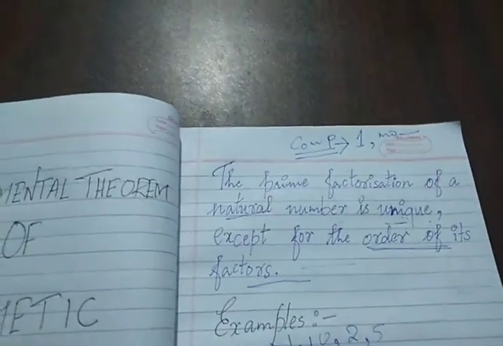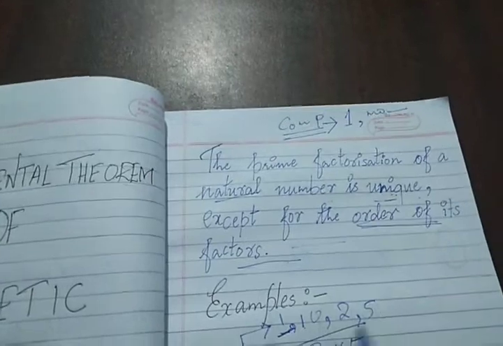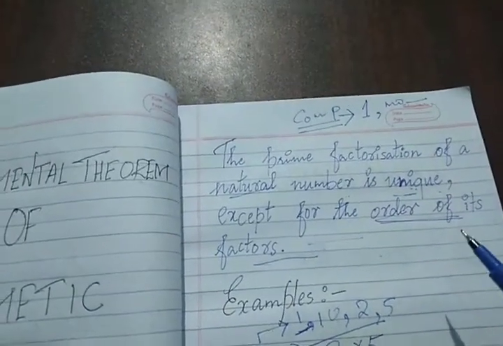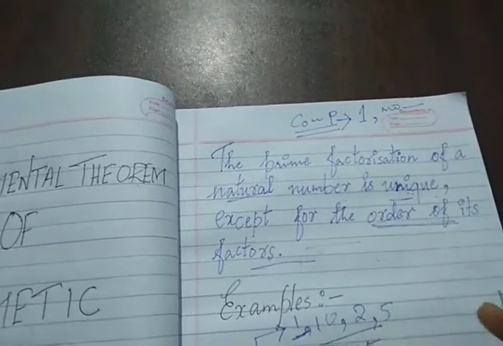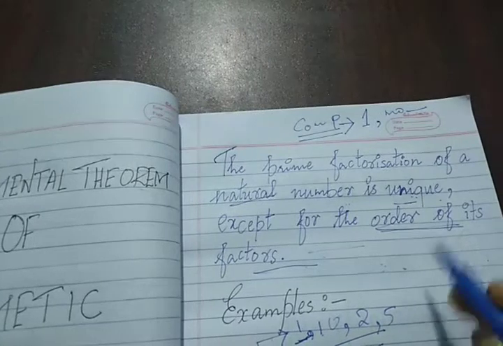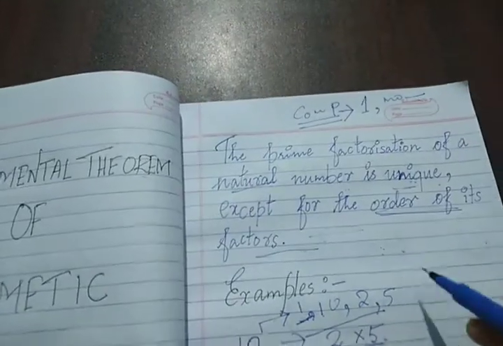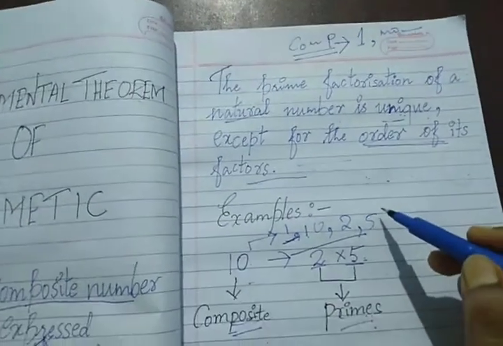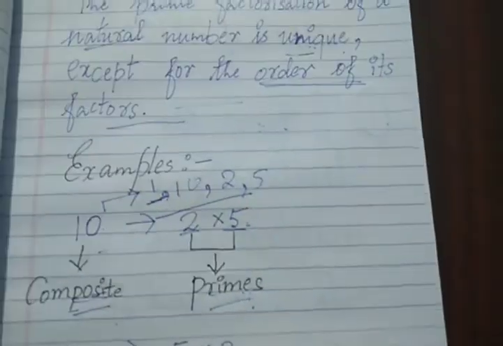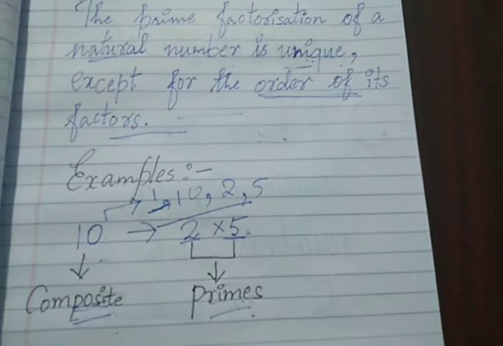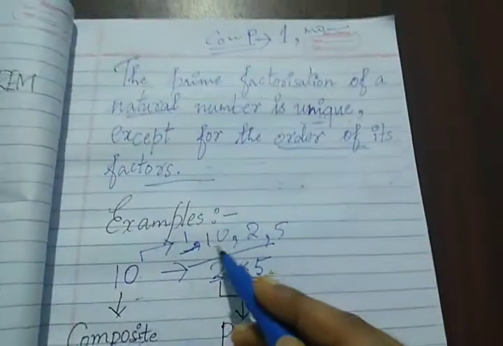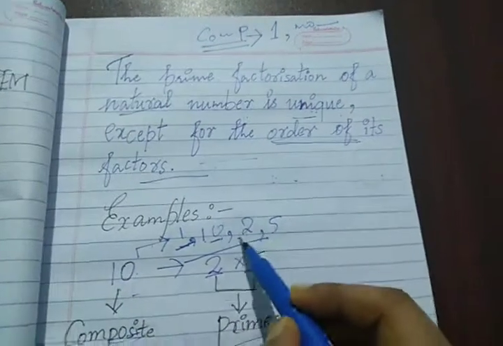Now let me tell you a few examples about what I meant by order changes, unique factorization, or every composite number can be expressed as a product of primes. The answers which you want, you'll get here in the examples. I've taken 10 as one of the examples. 10 is a composite number, and the factors of 10 are 1, the number itself, that means 10, 2 and 5.